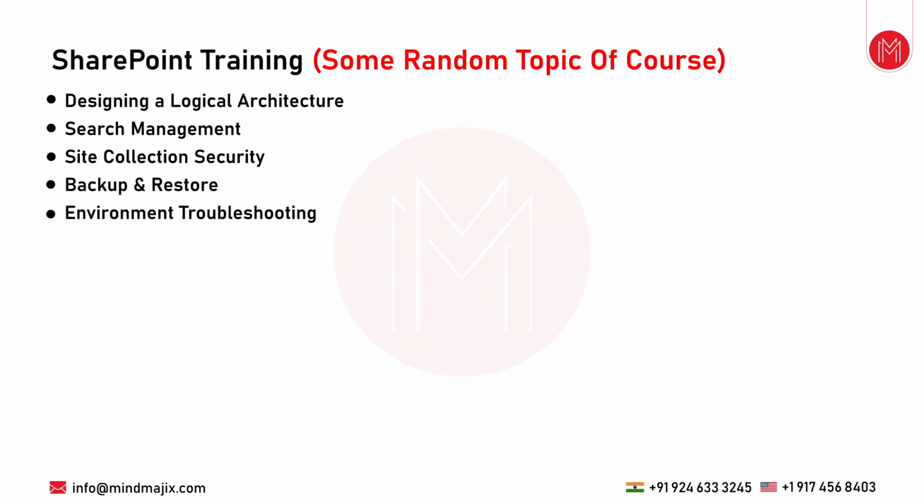That means they can do the branding, they can set the permissions, and they can restrict the permissions. Those persons we call site collection administrators. Under the site collection level, we can control what level of permissions we give to the site users and what level of permissions we give to the subsites. Everything we can manage. There are different kinds of security rules.